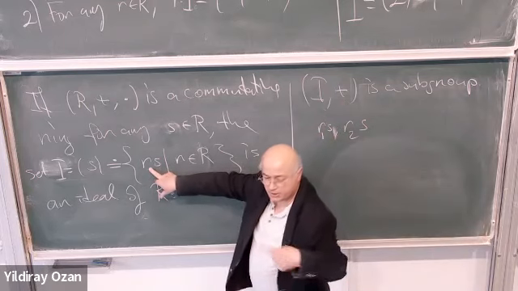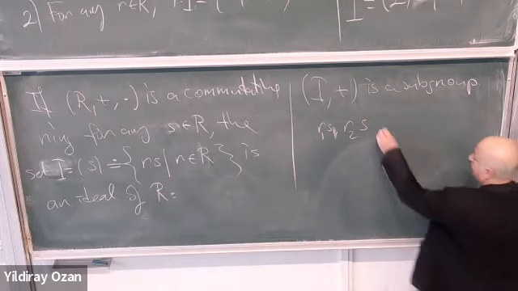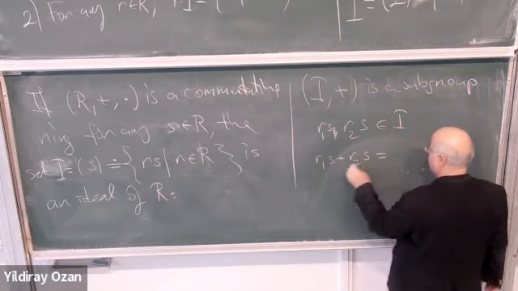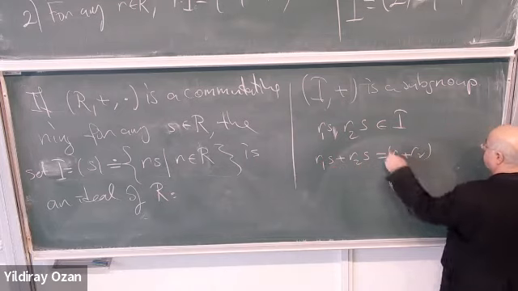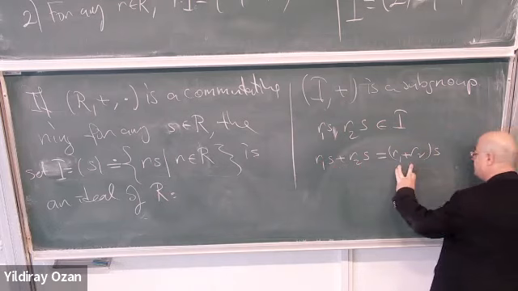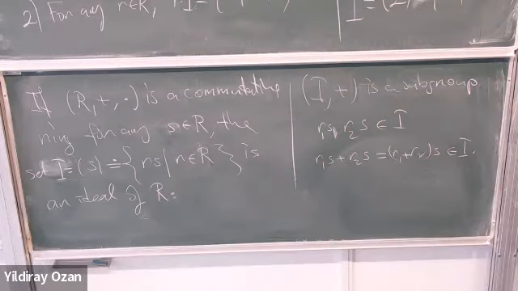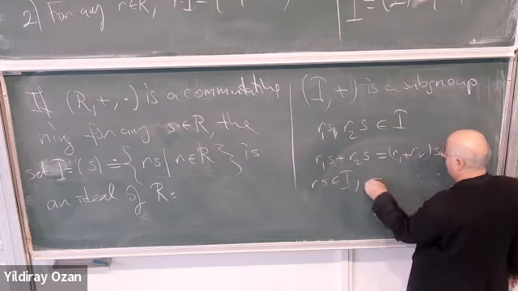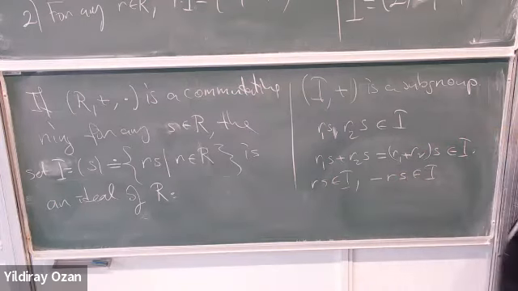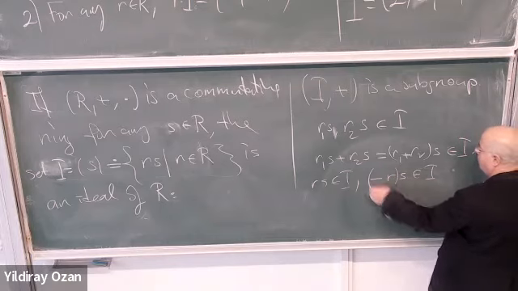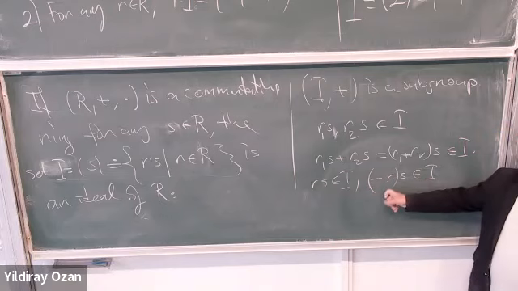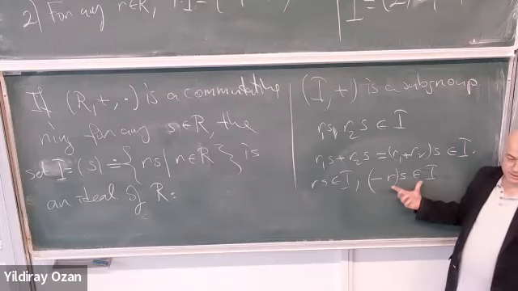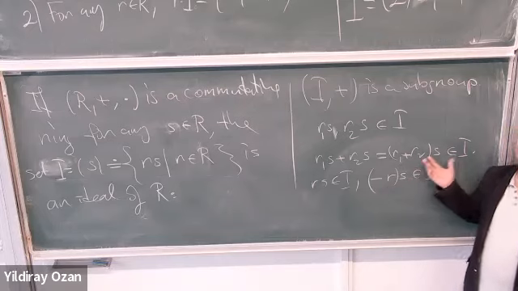S is fixed, r is an arbitrary element of R. Then their sum is just (r1 + r2) times S. Therefore, it is just another element times S, so this is also in I. And also, if r times S is here, then of course minus r times S is also here, because this thing is just (−r) times S, right? It is again a multiple of S. Isn't it? If r times S is in this set, then its negative is also here. Because to find the negative you multiply by minus r. That's all.